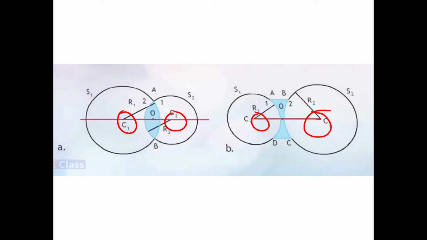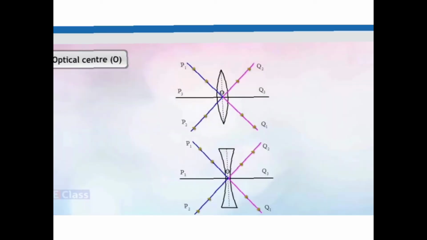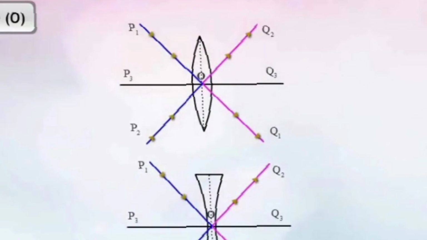Right? Next part, the optical center, denoted by O. Now this point is inside the lens. You observe the point inside a lens on the principal axis.